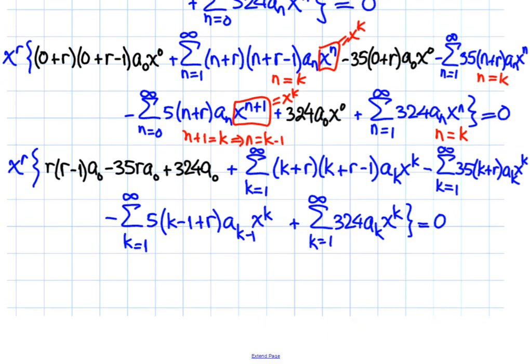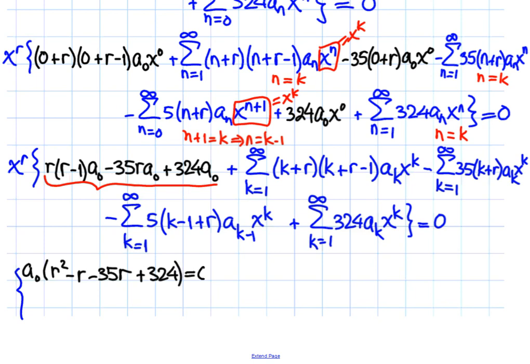Now, since the right-hand side is equal to 0, all the coefficients have to be equal to 0. So the first part has to be equal to 0. And the second part is all the coefficients combined, that has to be equal to 0. So we have two things here. The first part, I just factor out a naught. So we have a naught, r squared minus r minus 35r plus 324.